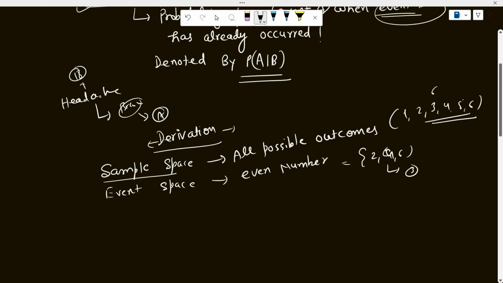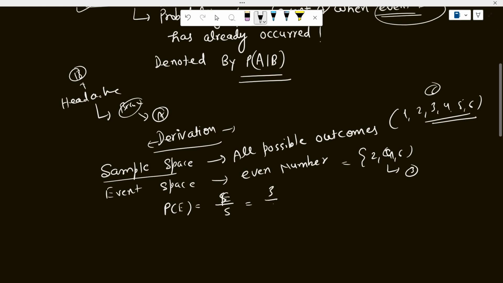And in the sample space, there are 6 elements, right? So when you derive the probability, you give E upon S, event space upon sample space. So it becomes 3 by 6, so 1 by 2. So this will be the probability of an even number to come when you throw a die, right? So this is how the basic probability is found, right?